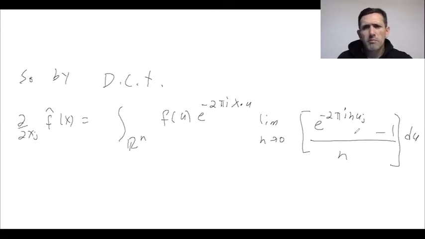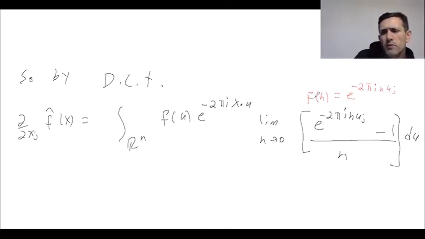And you do this limit. This is either L'Hopital's rule or just differentiate here. Use big F: my function here is big F of h is e to the minus 2 pi i h uj. So you're just differentiating F with respect to h, then plugging in h is 0.